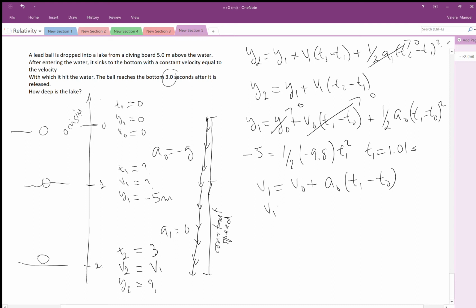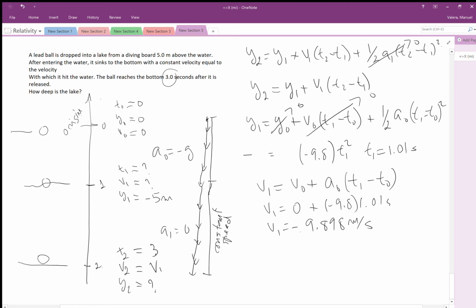So v1 is equal to 0 plus minus 9.8 times t1, which is 1.01 seconds. Then I get that v1 is minus 9.898 meters per second. That is the velocity that the ball has when it enters the water.